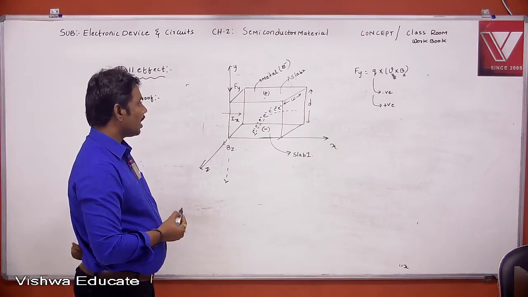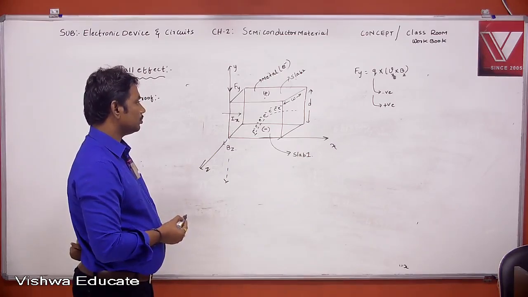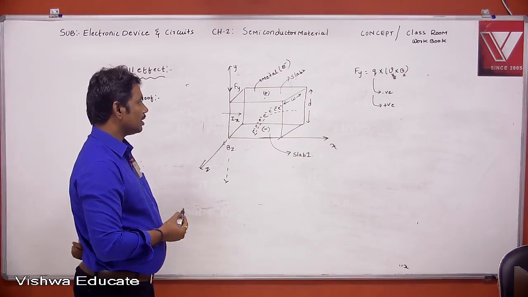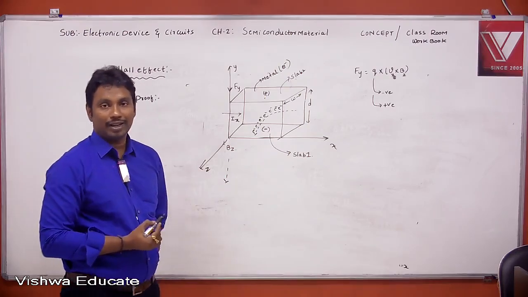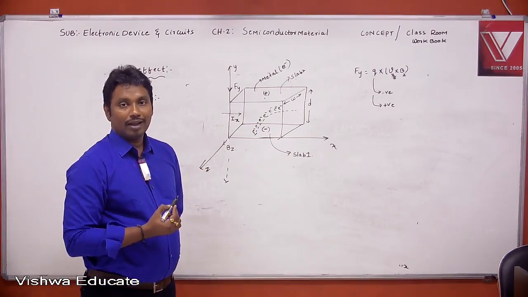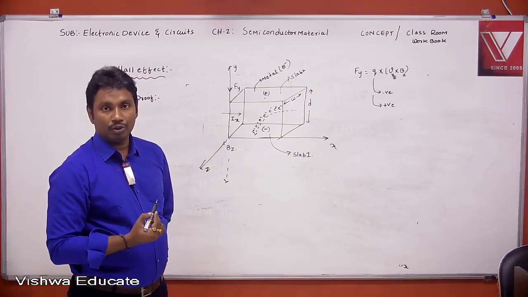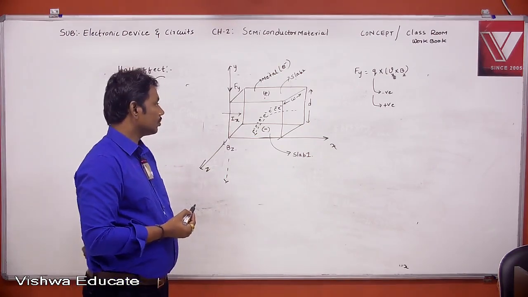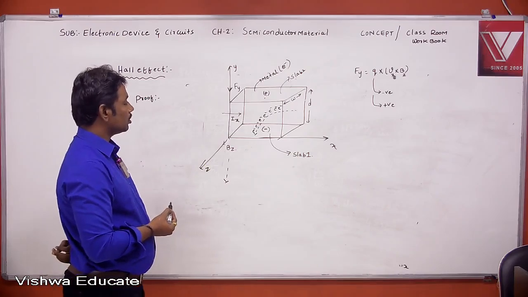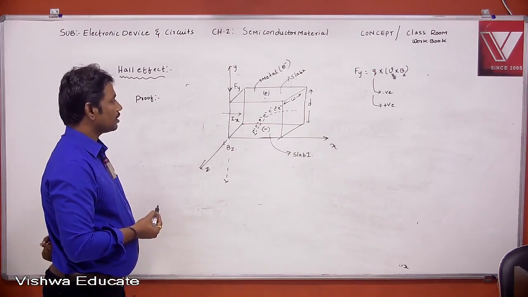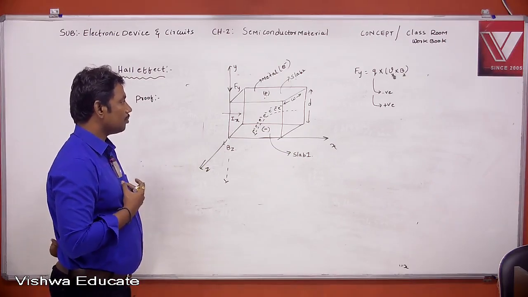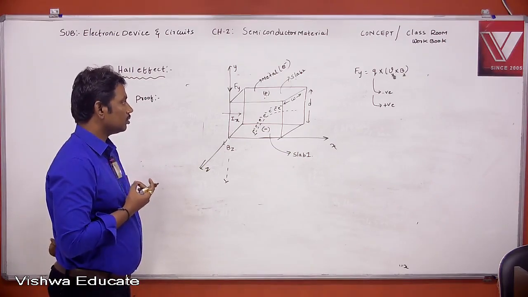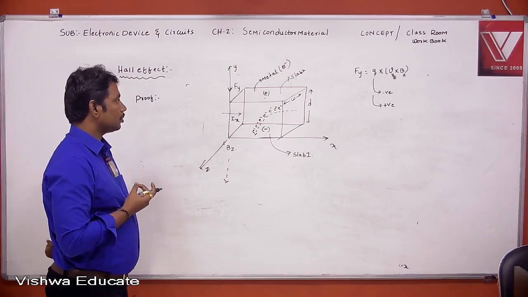Relatively, slab 2 becomes positive. Hence, next point, hence, an electric field is induced between slab 1 and slab 2.